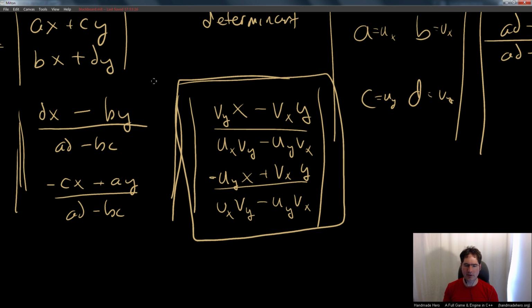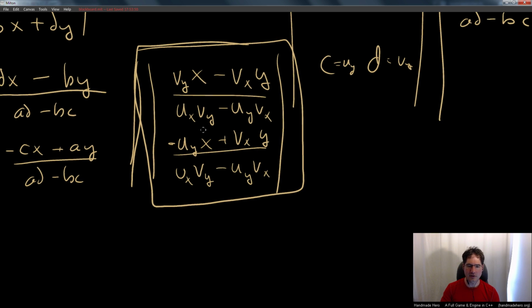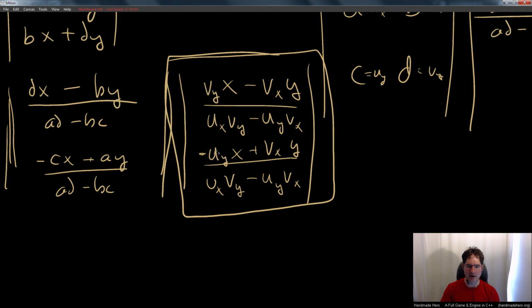Now here's the interesting part. What you can see here is the term that we actually care about. We can turn this into essentially exactly what we were already doing, because this is our v term, this is the v output, and this is the u output that we were trying to get. So this term is constant: ux vy minus uy vx, that's a constant.